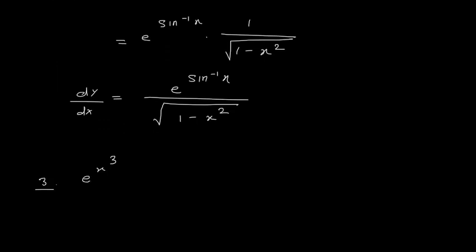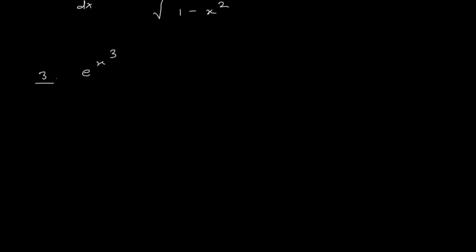Third question is e power x cube. So we will again take y is equals to e power x cube. Now again here it is a composite form because in e power, in place of x we have a function x cube. So we differentiate dy upon dx. First we will write this as e power x cube and then we differentiate x cube.